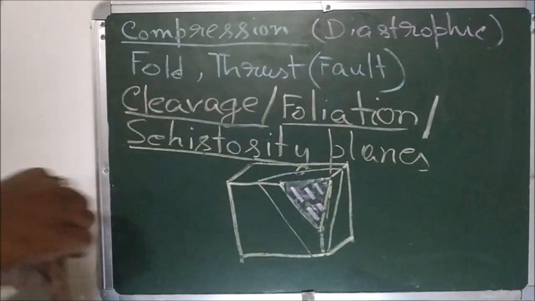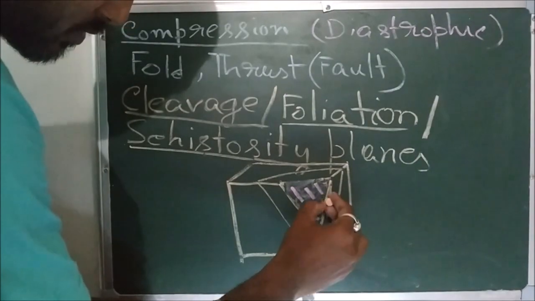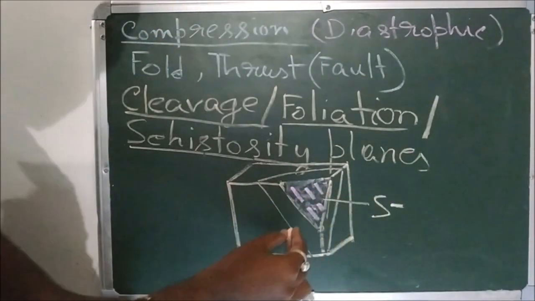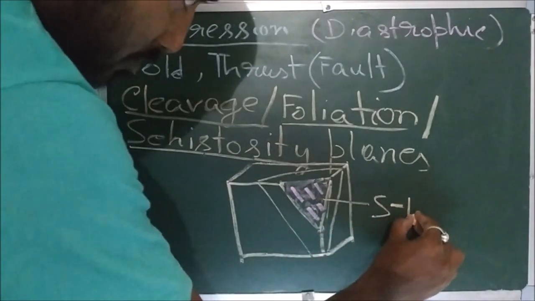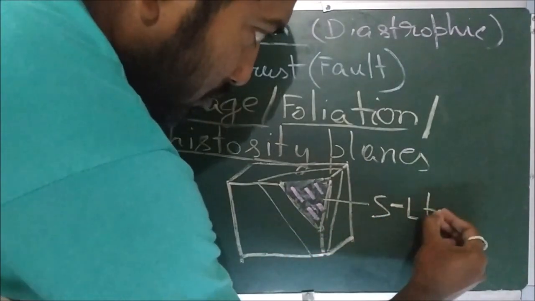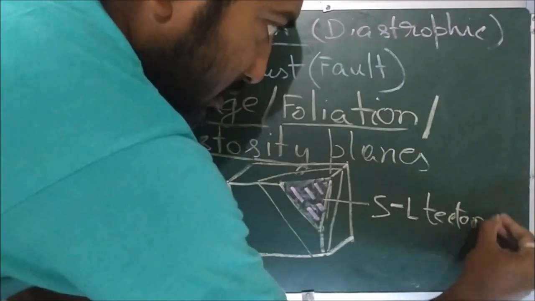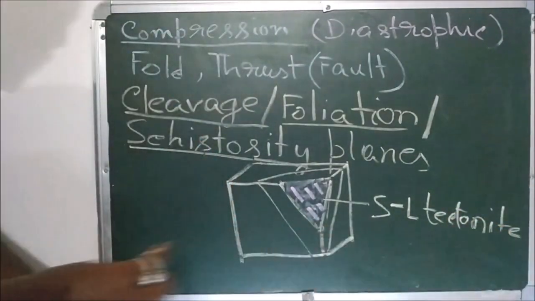Then foliation planes are signified by S, and lineations are signified by L. This rock will be named SL tectonite.